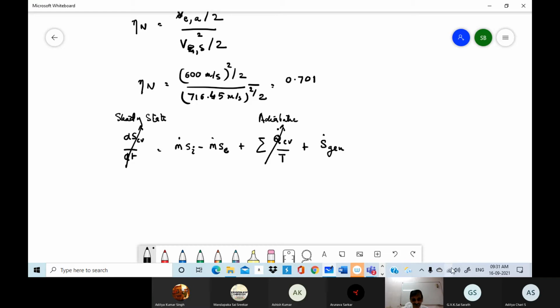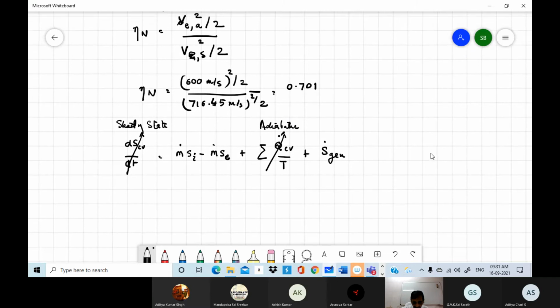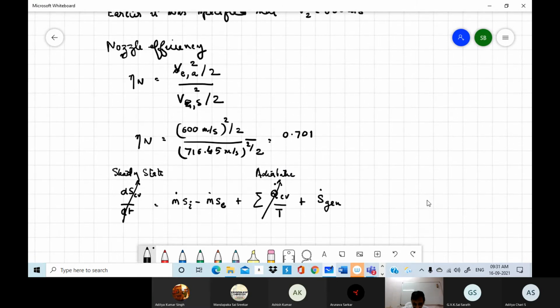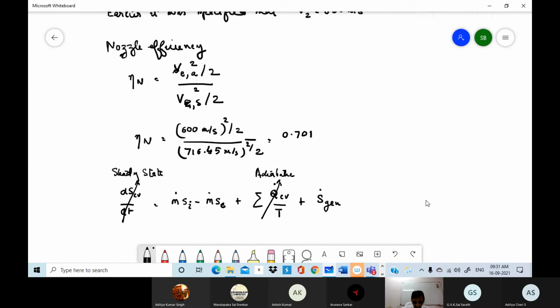So the difference is that in an actual nozzle, there is entropy generation. So from where will I get it? Earlier, we assumed that the entropy remains constant from inlet to exit. Using that, we got the value of the enthalpy.